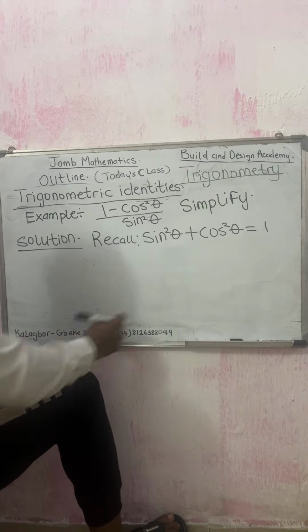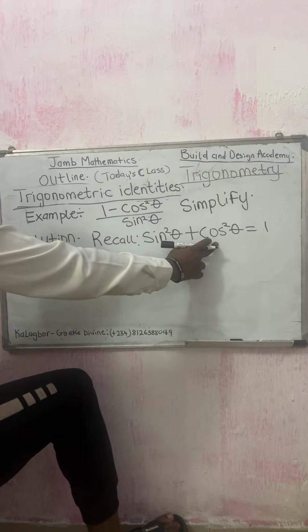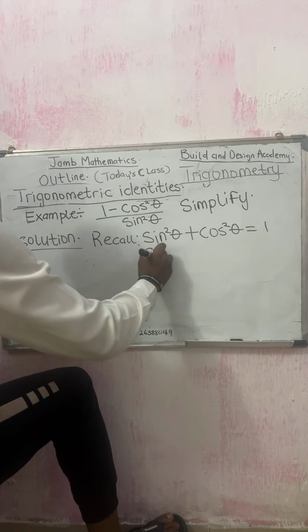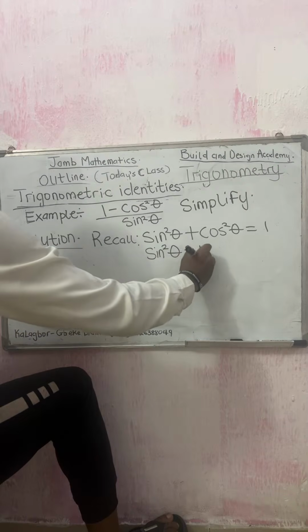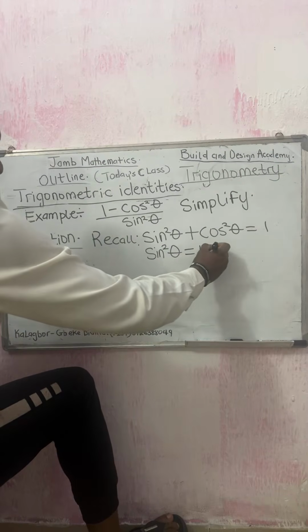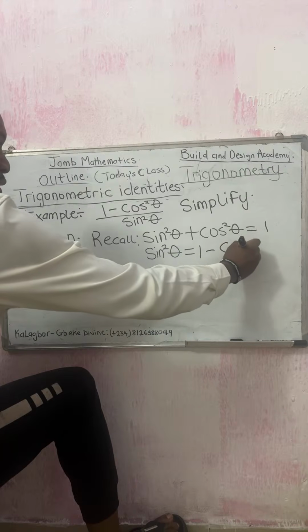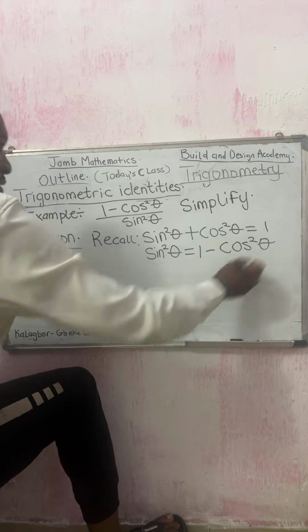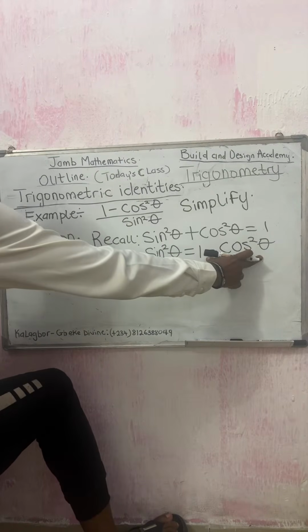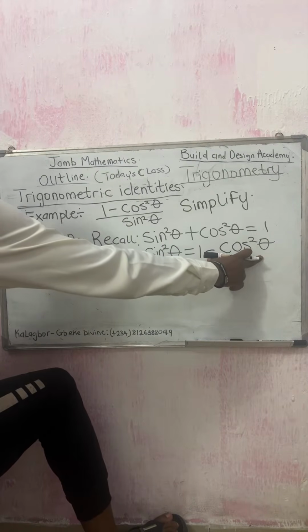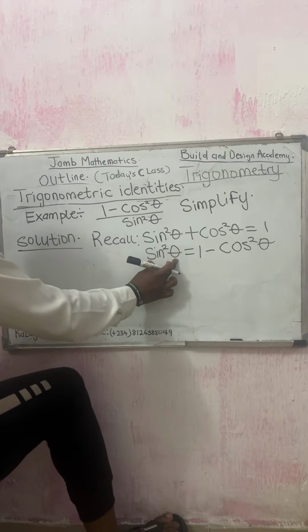So to do that, from this relationship, we know that sine square theta is equal to 1, take cos to the other side, minus cos square theta. So now we have our numerator, 1 minus cos square theta, which is equal to sine square theta.